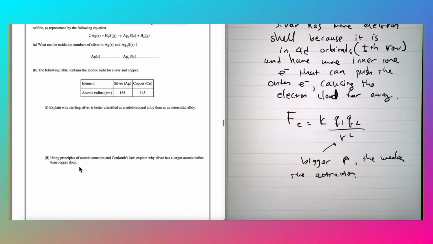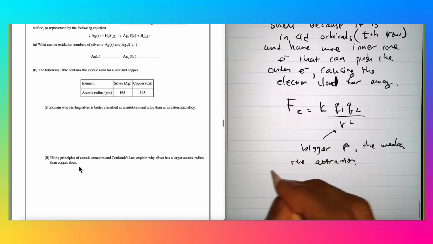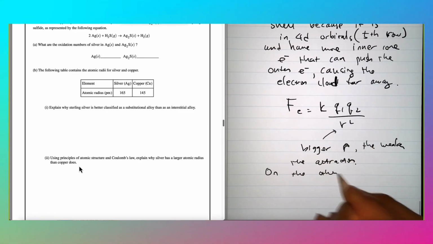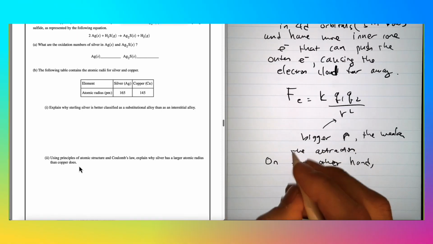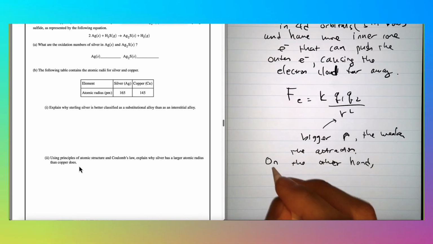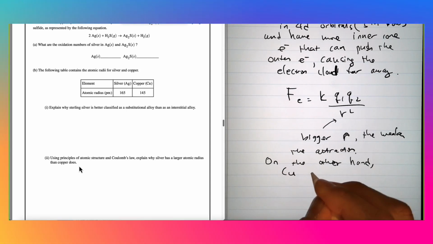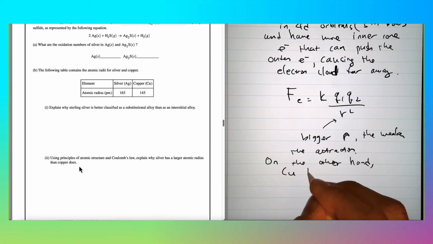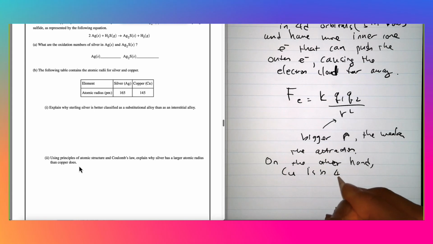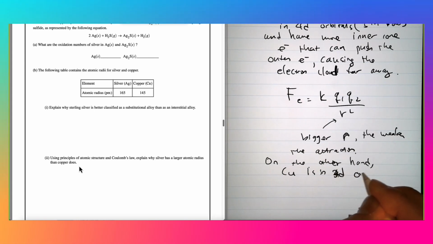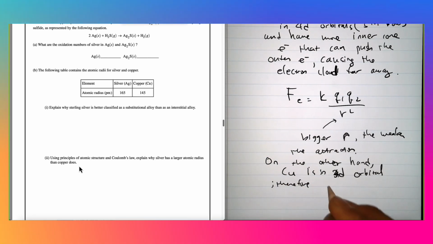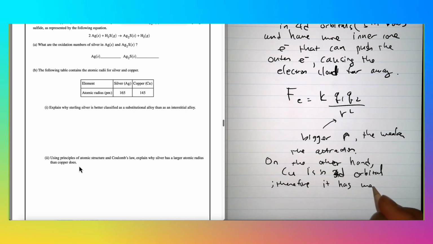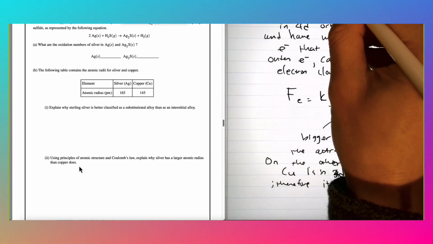On the other hand, if you have copper, it is in the 3d orbital, and therefore it has stronger attraction.